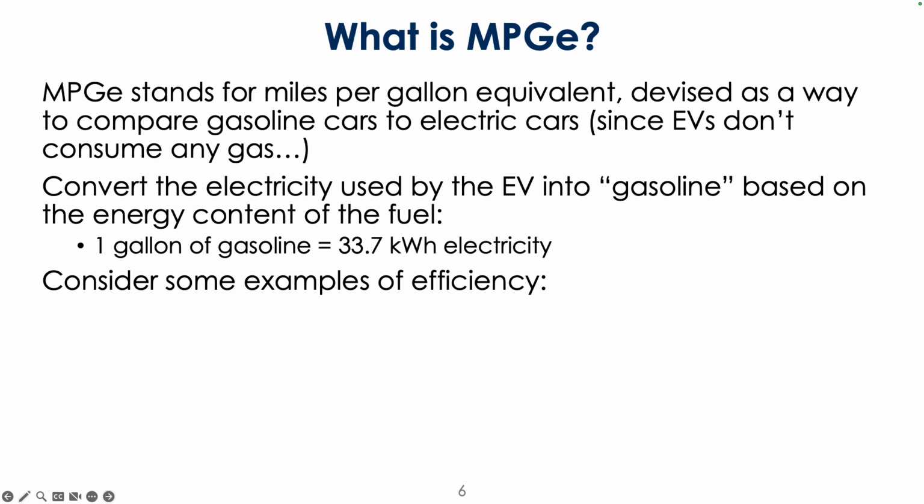They convert electricity use from electric vehicles into gasoline based on the energy content of the fuel. So we know that 1 gallon of gasoline contains about 33.7 kilowatt hours of energy.